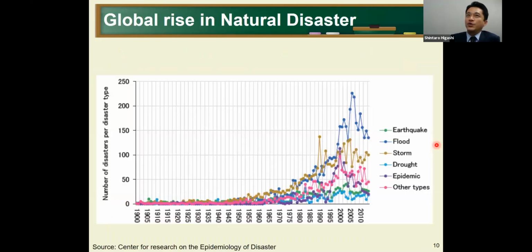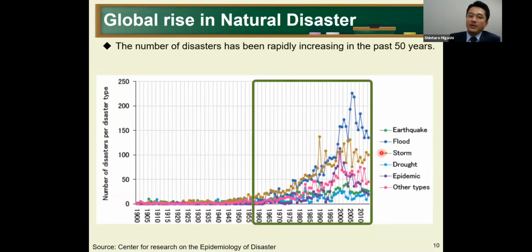Okay, we go on to the next slide, and you can find two tendencies from this graph. One is a rise in the past 50 years. And can you imagine the second tendency from this graph? The hint is the definition of disaster we discussed. Yes. Oh, I just came up with the idea. It's water. Great.